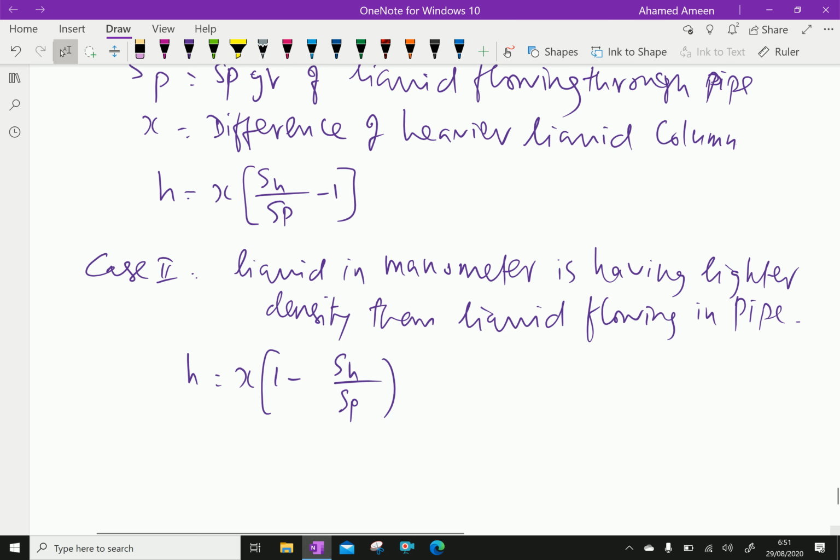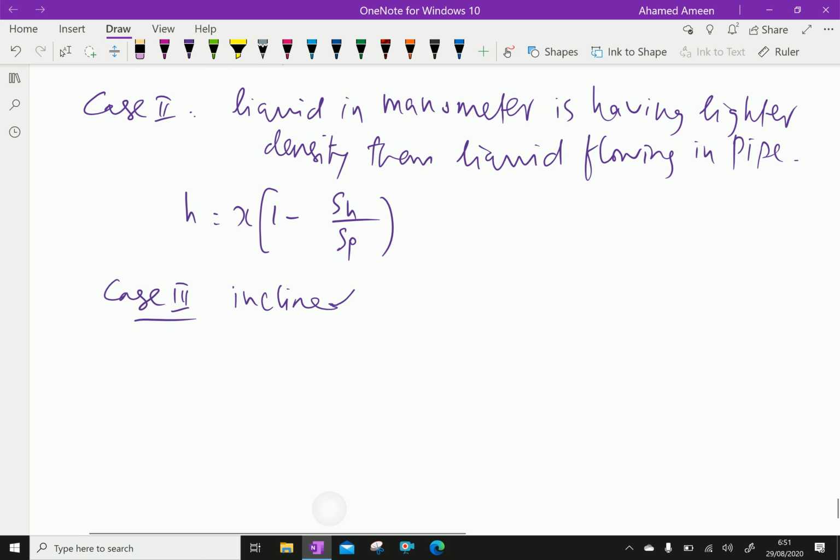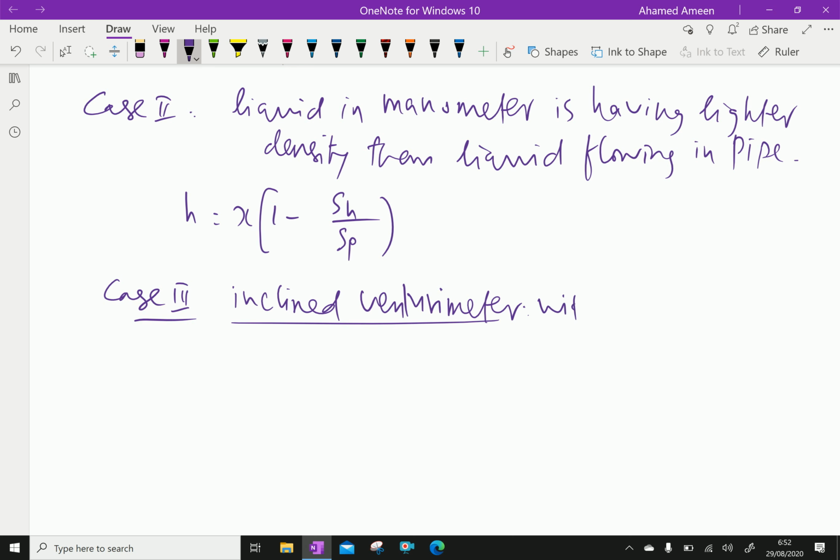Now case 3: inclined Venturimeter with a differential U-tube manometer.